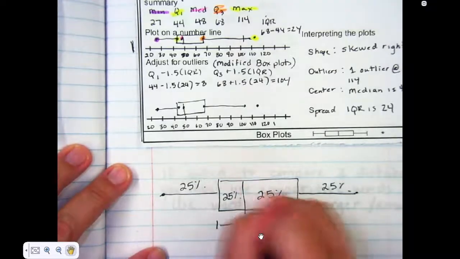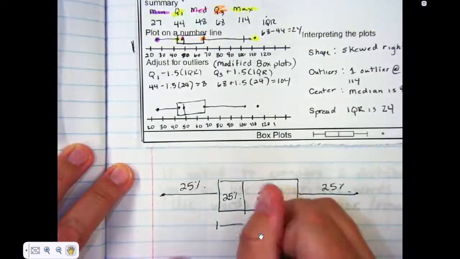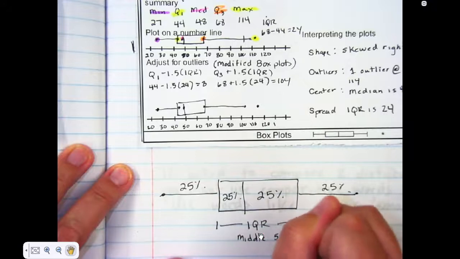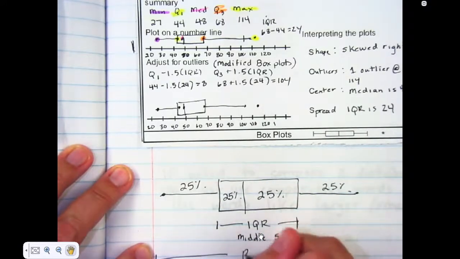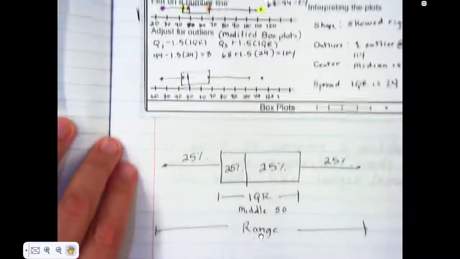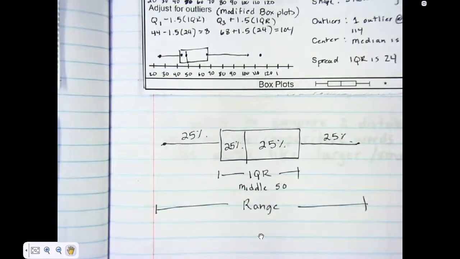The length of the box represents the IQR, which is the middle 50%. The length of the whole graph, from the min to the max, represents the range. Move it up so you can see that. And that is how you make box plots.